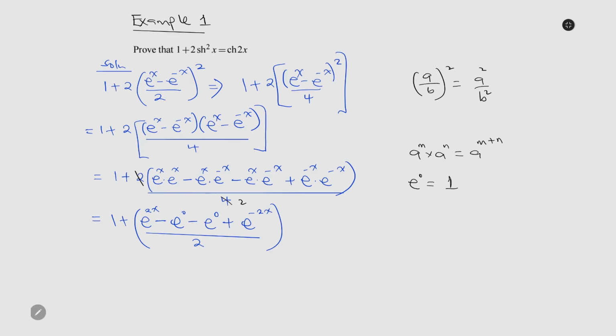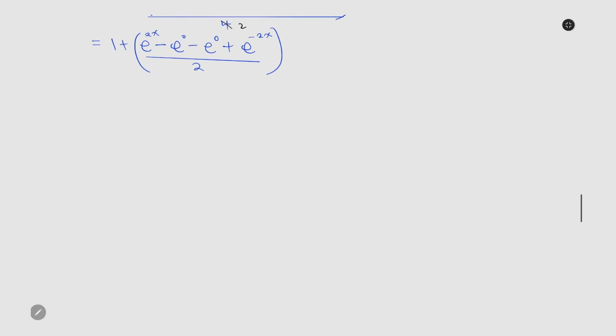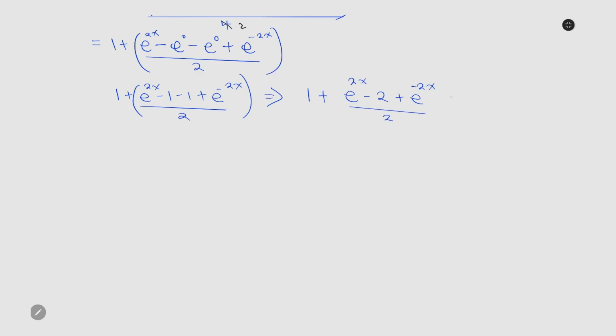So we will have 1 plus e to the 2x minus 1 minus 1 plus e to the negative 2x over 2, which is the same as 1 plus e to the 2x minus 2 plus e to the 2x over 2.